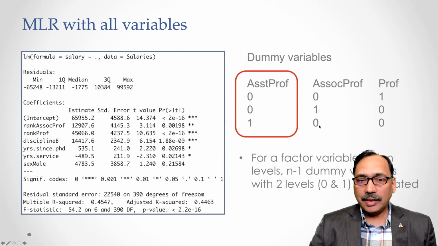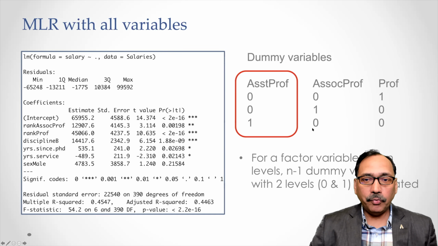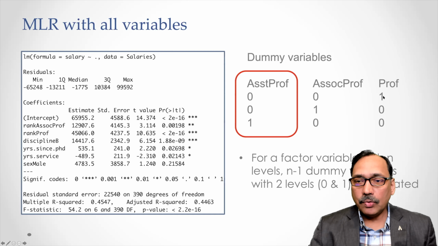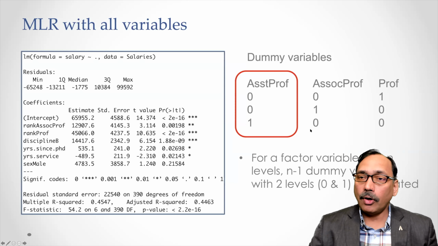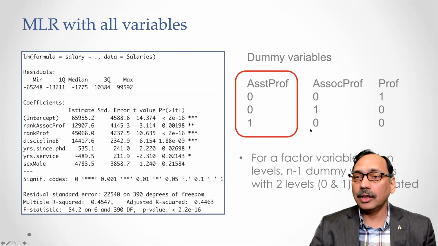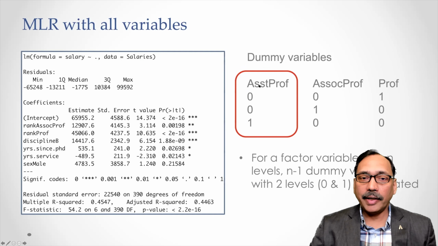But you may notice that when we use this information in the model, we don't really need all the 3 dummy variables. We can easily say when this is 0 and this is 1, we should treat that person as a professor. For an associate professor, this value will be 1 and this will be 0. And when both are 0, that automatically means we are talking about the third category, assistant professor.